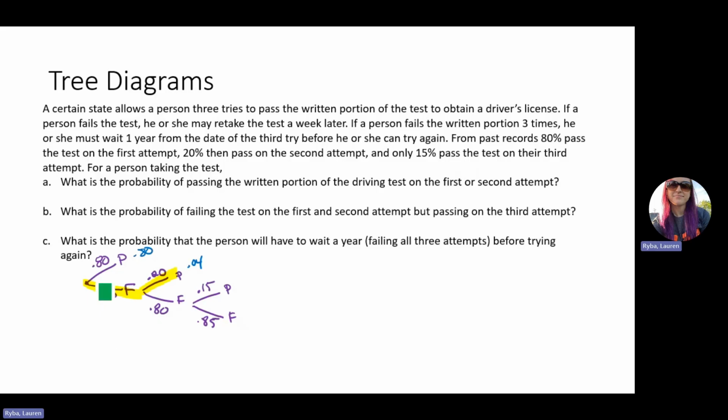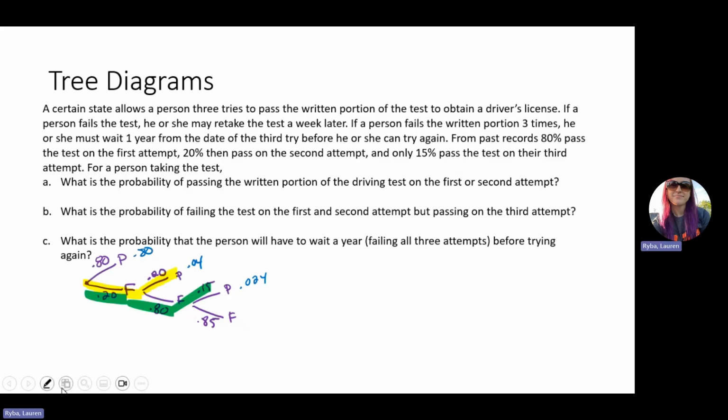If I follow the next path down, fail, fail, pass, I have to multiply 0.2 times 0.8 times 0.15. 0.024.